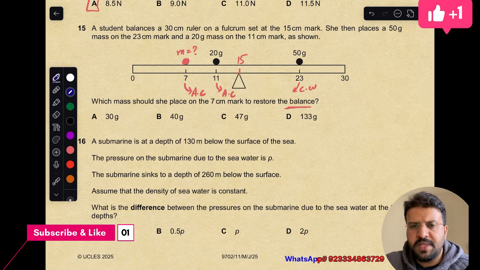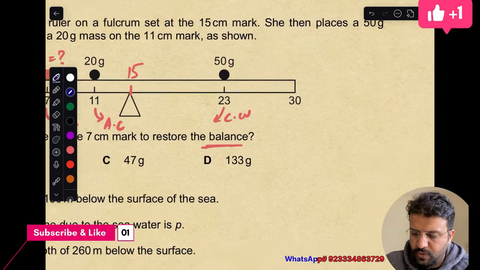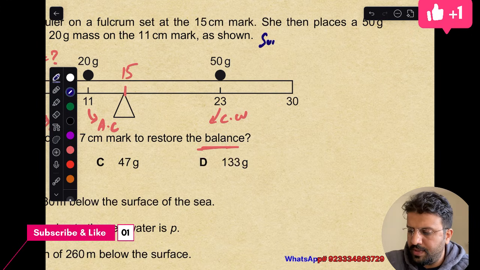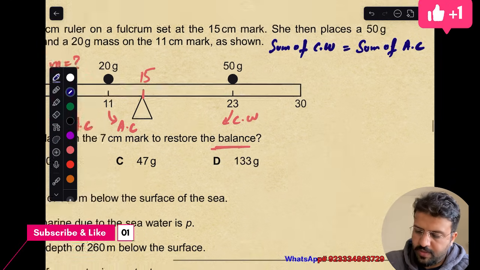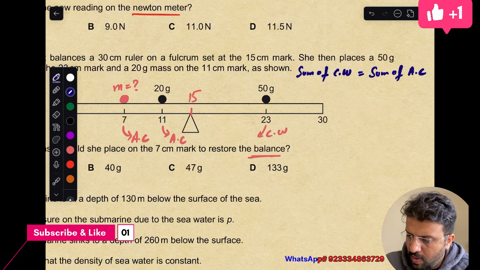From the principle of moments, the sum of clockwise moments must equal the sum of anti-clockwise moments. Clockwise moment is simply 50, the mass.